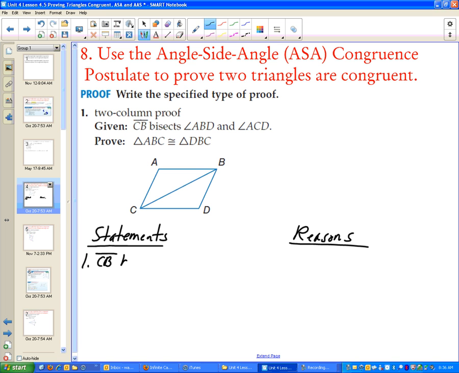Segment CB bisects angle ABD and angle ACD. And what's our reason? Given. So look, we can get all this done, and I guess we haven't done a whole lot, but it looks like it on your paper. So we can get all this done, right?